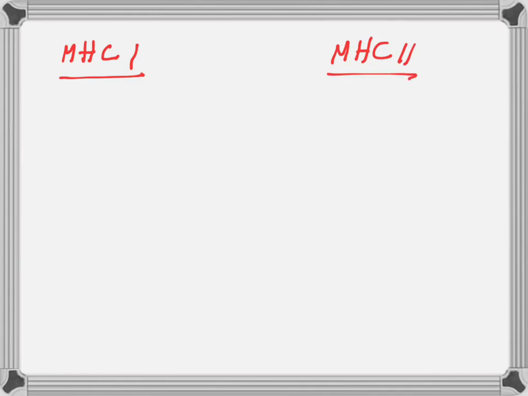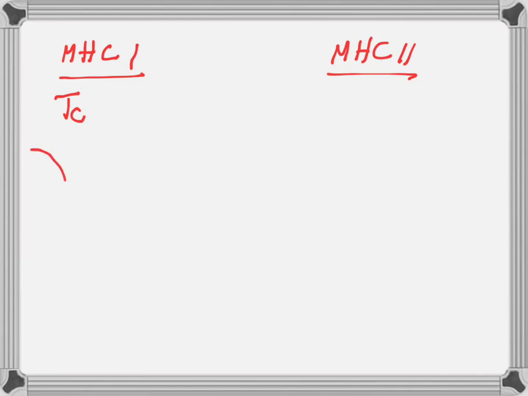What we find is that the cells that are activated, or become stimulated by recognizing a specific antigen loaded into MHC1, are our cytotoxic T cells, or our TC cells. There are a couple of important role players here, and I'll try to draw this out as well.